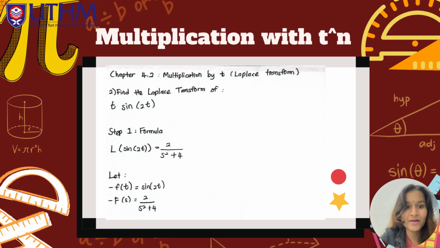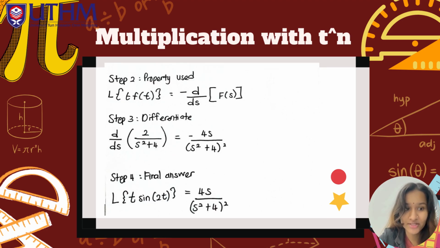So the first step, we need to find the Laplace transform of sine 2t, which is 2 divided by s squared plus 4. Next, we differentiate this expression with respect to s and apply the negative sign according to the property.